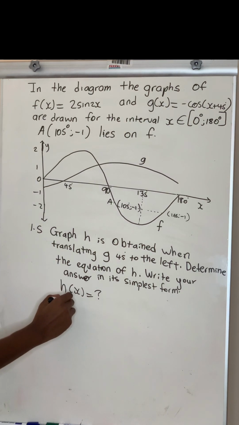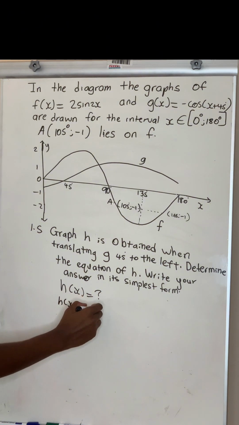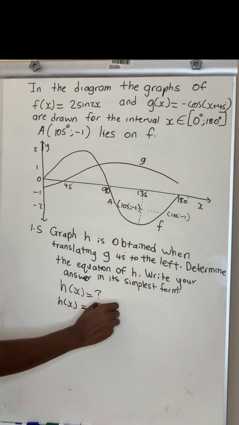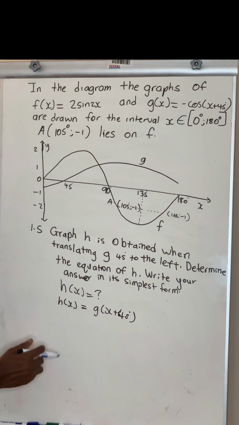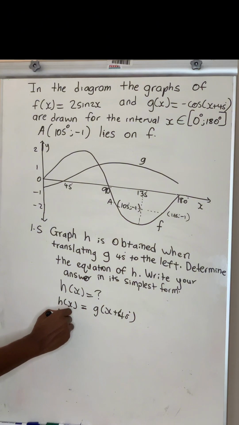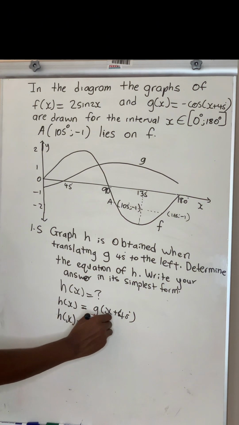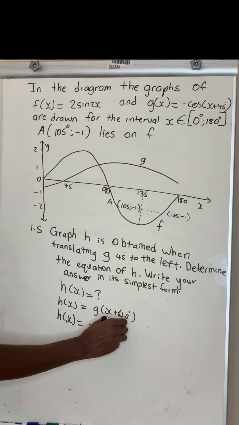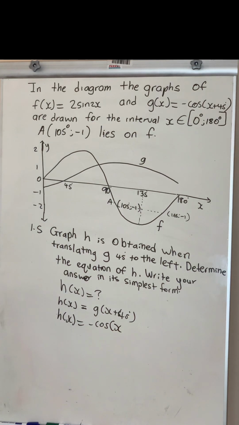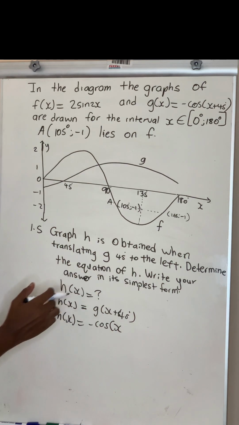So h of x is equal to g of x plus 45 degrees. Simple as that. So h of x is equal to g of x, which is negative cos of x. Now what you should take into consideration is the words that they used.